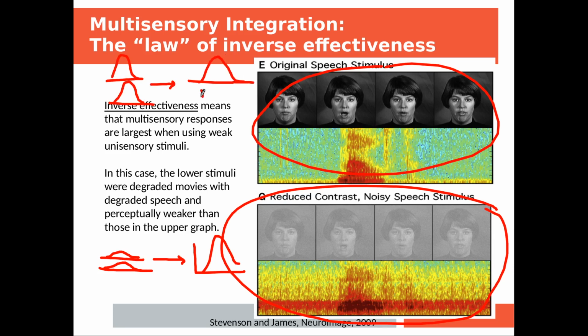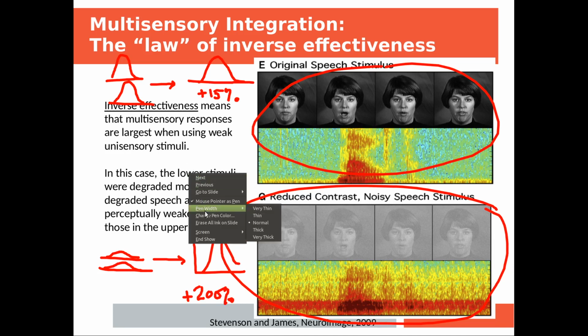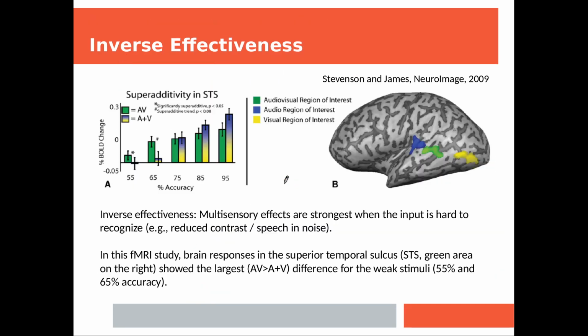So this is maybe like a plus 15% increase, whereas this one is like plus 200% or something increase in the response of the cell. And so that's called inverse effectiveness.